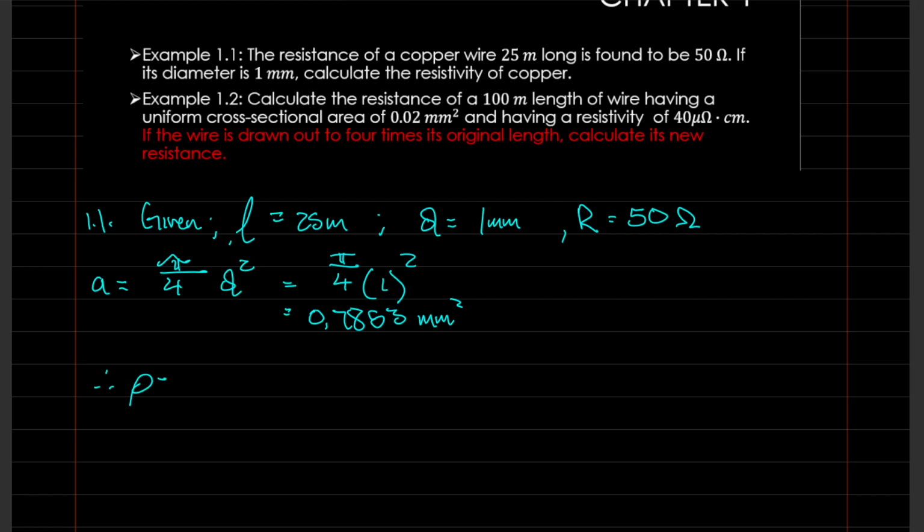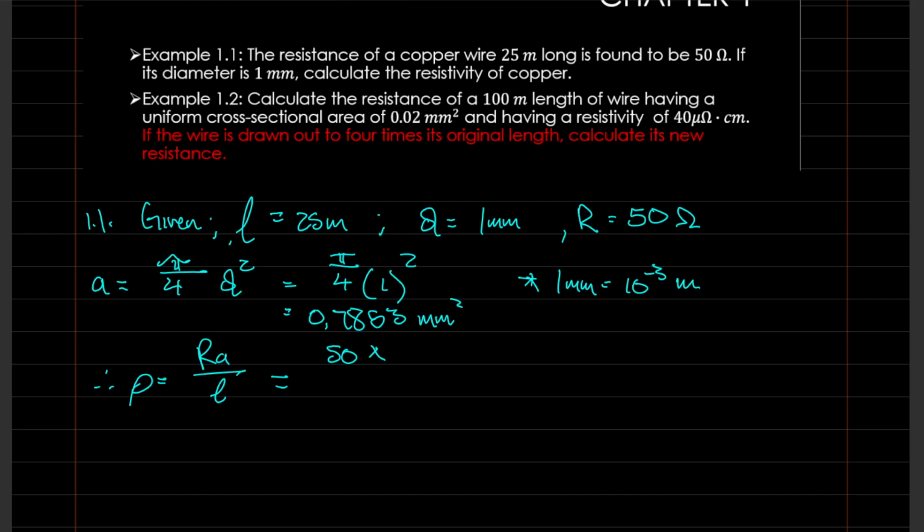Therefore, rho, which is equal to RA over L, since we are making it the subject of the formula, is equal to 50 multiplied by, okay, one thing we have to remember is that 1 millimeter is equal to 10 to the power of negative 3 meters.